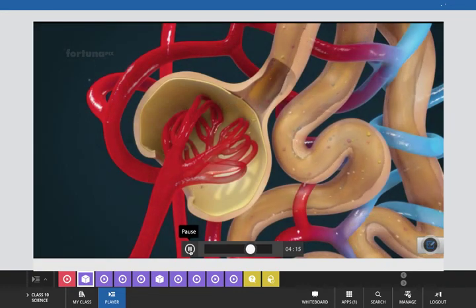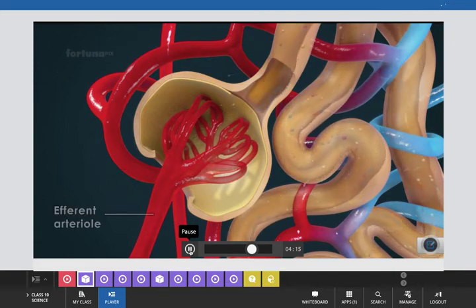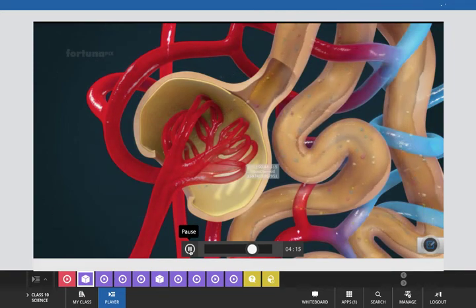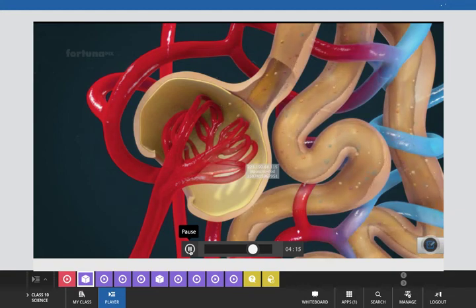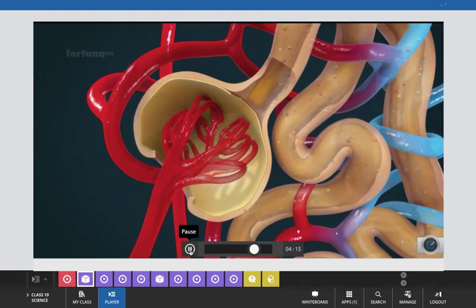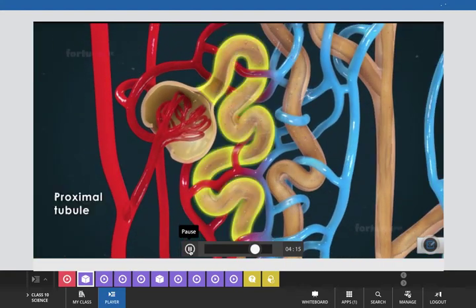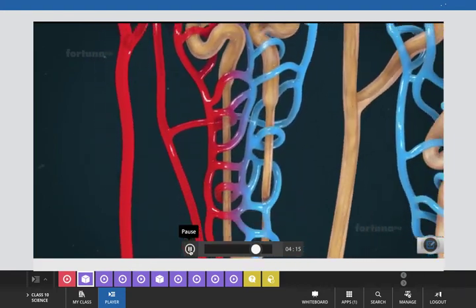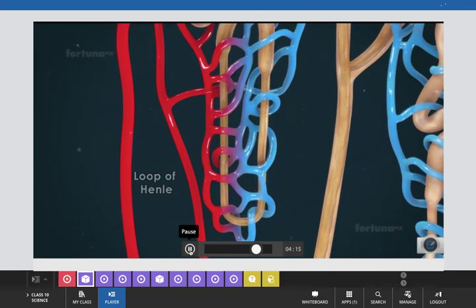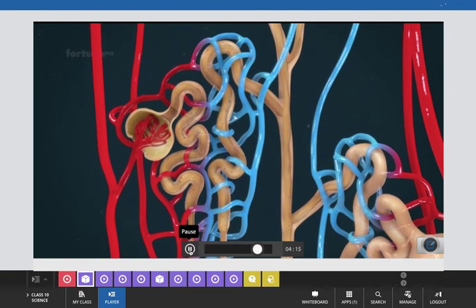Blood enters the glomerulus through an afferent arteriole and leaves through the efferent arteriole. Wastes pass through the glomerulus and into the Bowman's capsule. In the nephrons, fluid flows from the Bowman's capsule into the proximal tubule, then into the loop of Henle, and finally into the distal tubule.